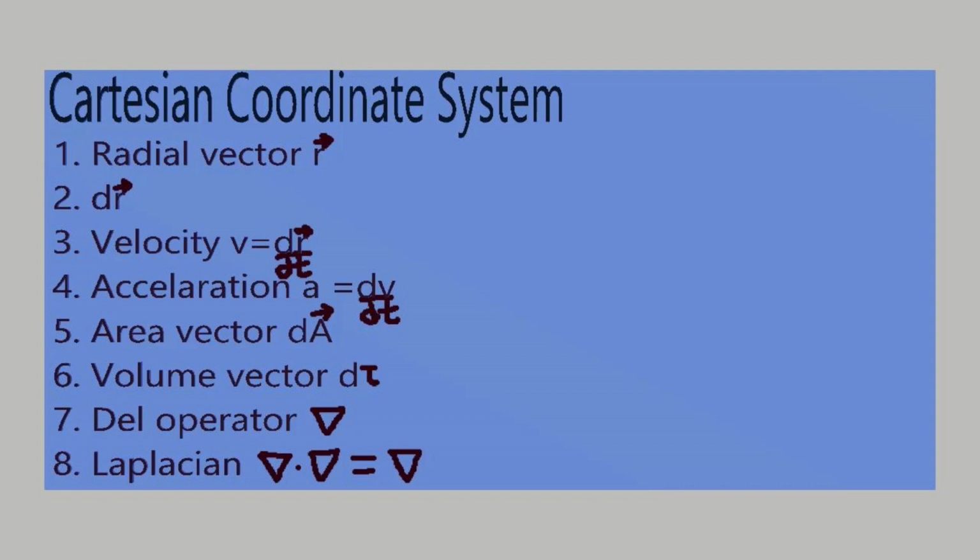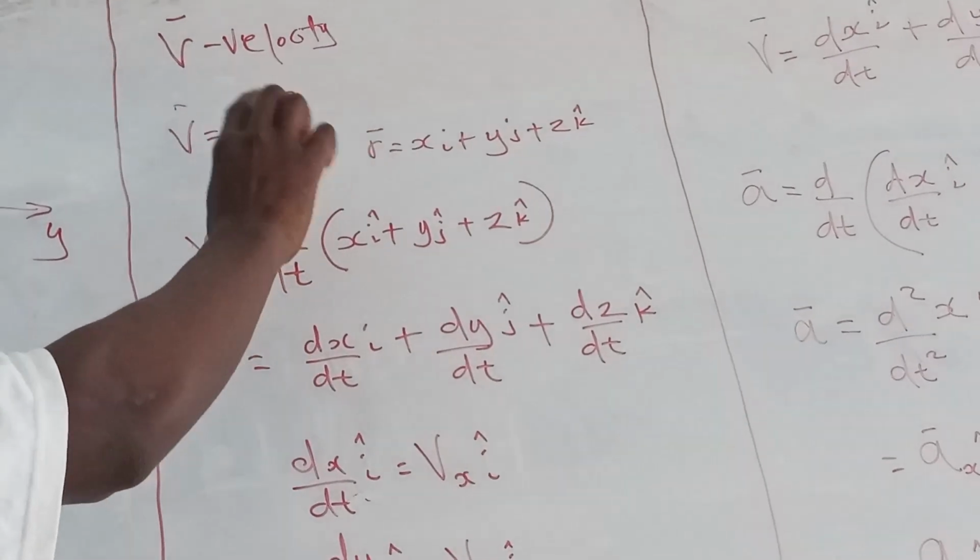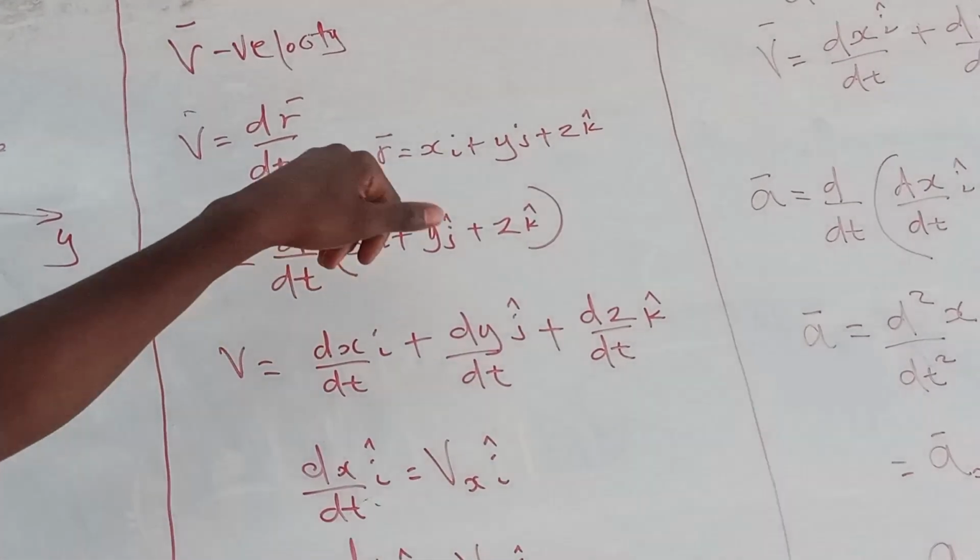We want to go to the velocity vector. Velocity is the change of r over the change in time.